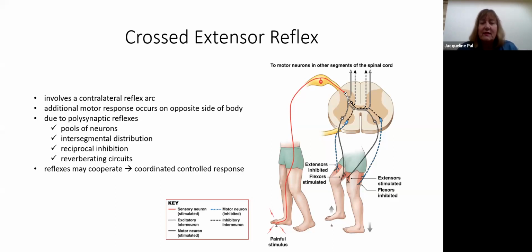And so if you look at this picture, what it is showing is when you step on that painful stimulus, in addition to the reflexes we have talked about previously, where the extensors of the foot that stepped on it are inhibited and the flexors are stimulated, on the other side of the body, the extensors are going to be stimulated so you actually can stand on the other foot and the flexors will be inhibited.